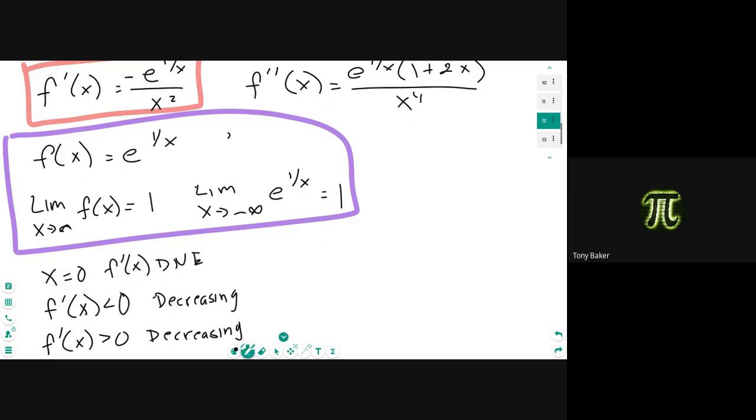So f of 0 does not exist. So that's helpful, because that means I probably have some kind of vertical asymptote at that point. Okay. So we have that information.